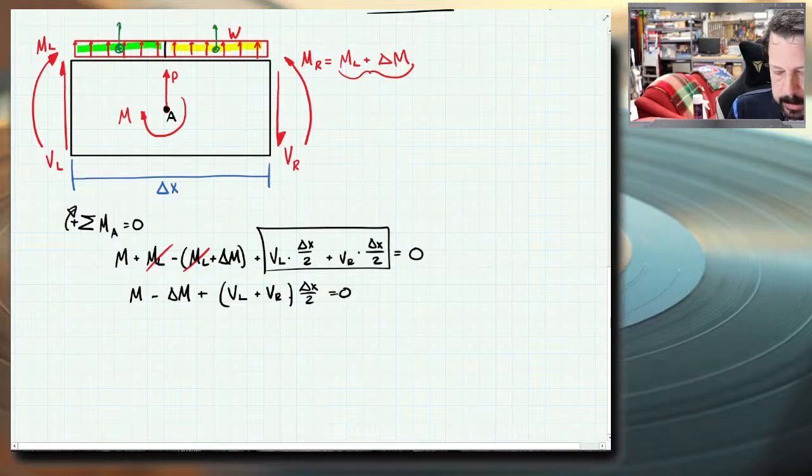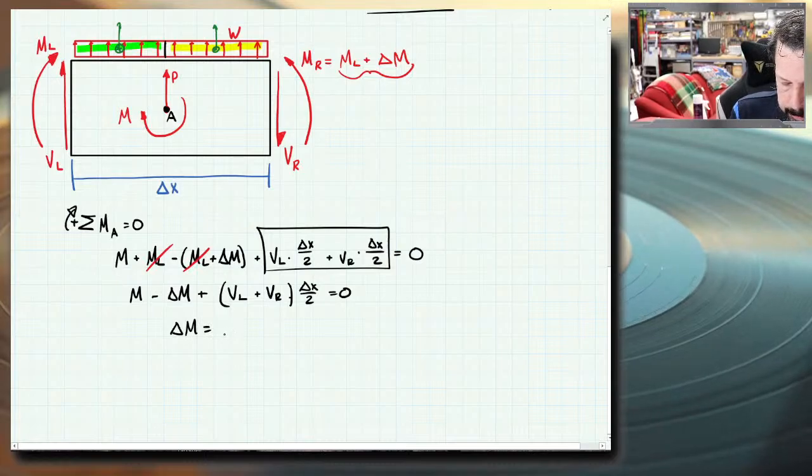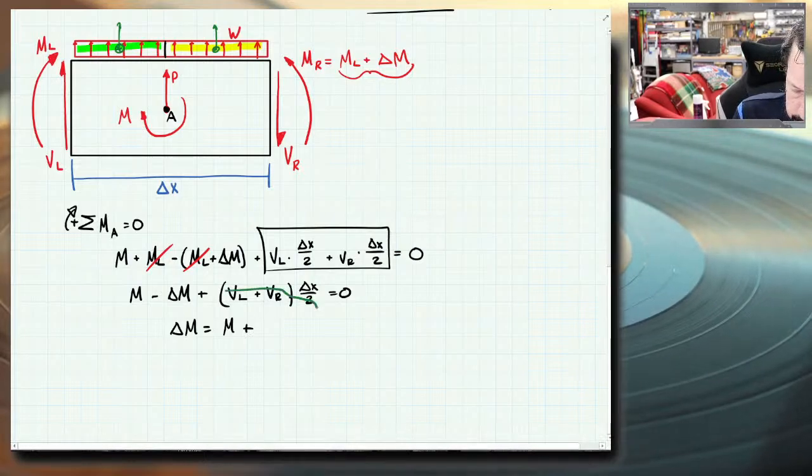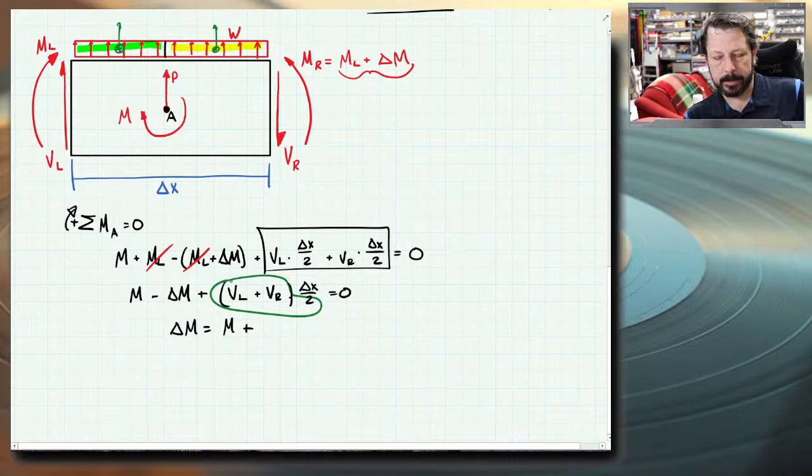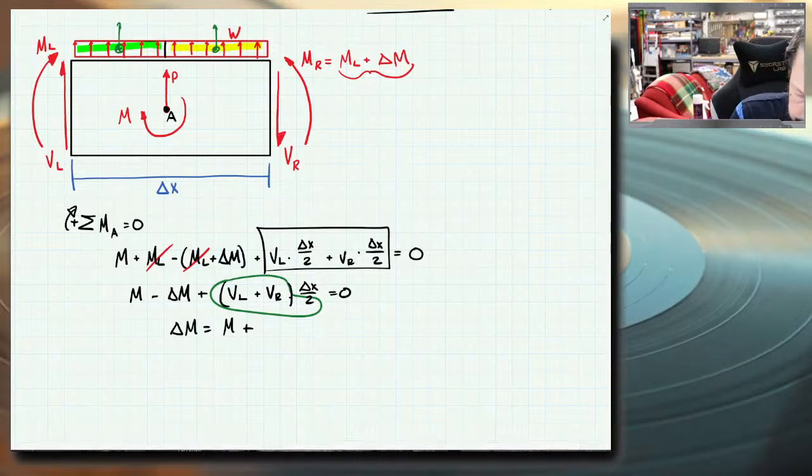Let's go ahead and move delta M so it becomes positive. So delta M equals M plus this thing. I've got VL plus VR over 2 times delta x. That's another way to look at it.